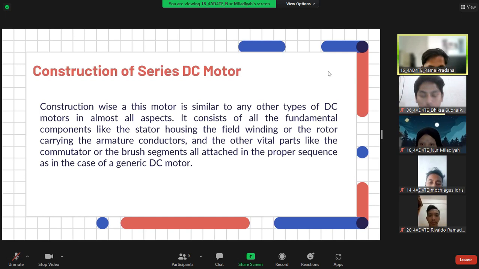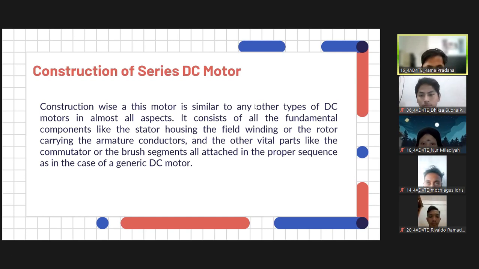Okay, next, construction of series DC motor. Construction of a series DC motor is similar to any other types of DC motors in almost all aspects.